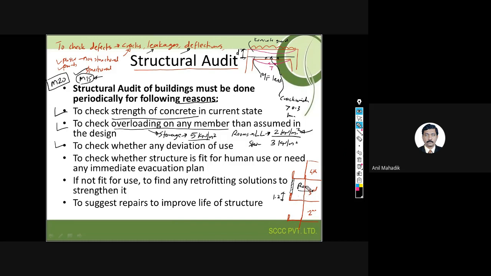He's converting this balcony into a room. Let's say if it is a living room, he may feel that my living room size is very small, so why not enclose this balcony? I will use this 1 meter or 1.5 meter, and my living room will increase. For that, he is just enclosing it by putting an additional wall. And what will happen due to this case?